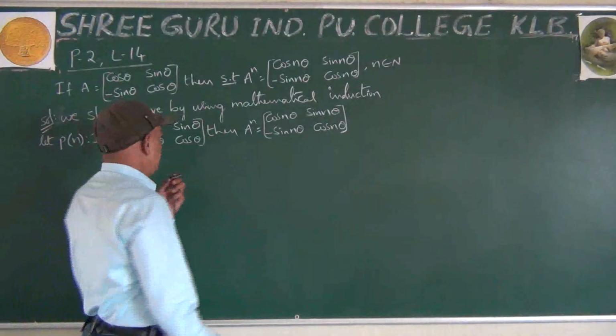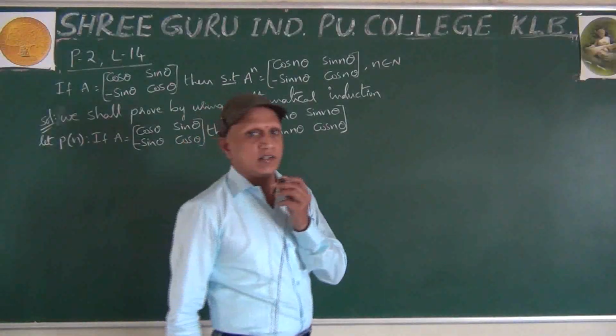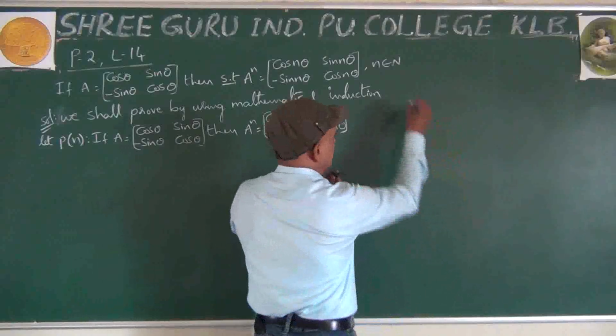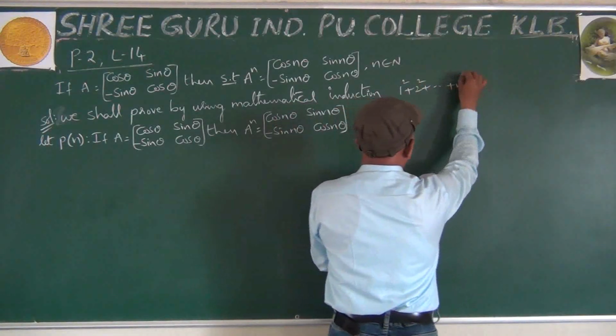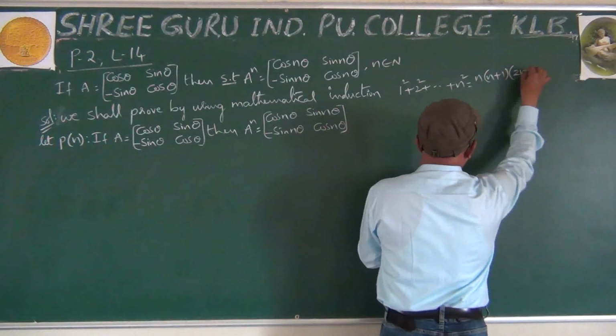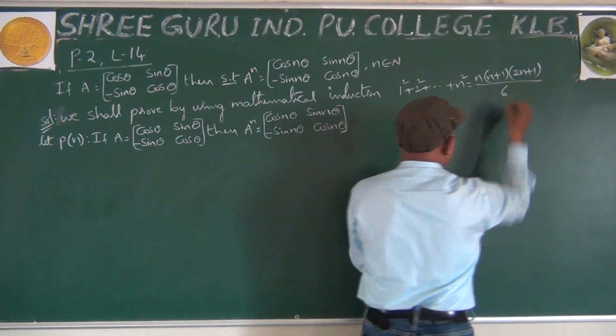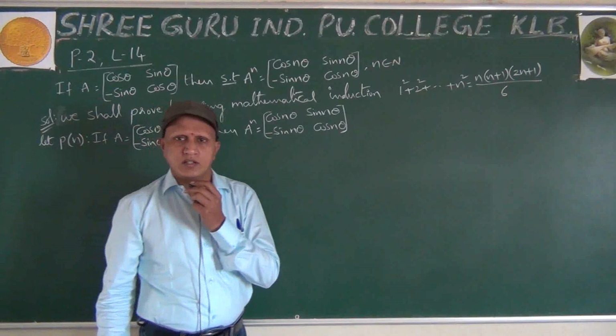Okay? What is actually that mathematical induction method? How do the questions work? Prove that 1 square plus 2 square plus 3 square plus dash dash plus n square equals n into n plus 1 into 2n plus 1 by 6. That was the question, right?